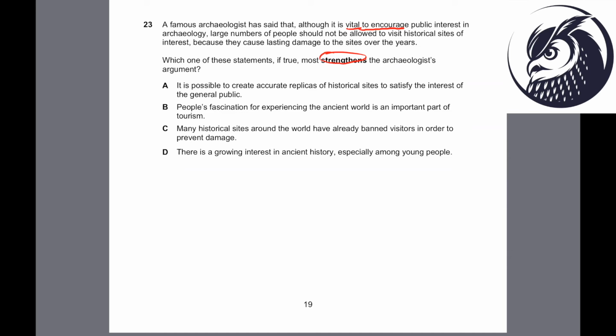So he says it is vital to encourage interest in archaeology, but we cannot allow large crowds, and that's because they cause damage.